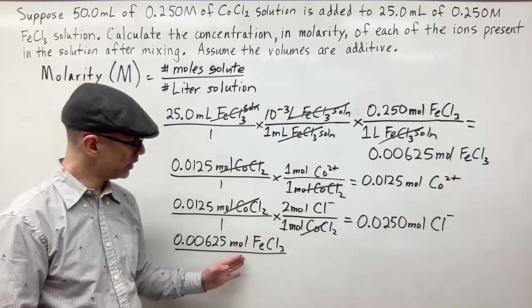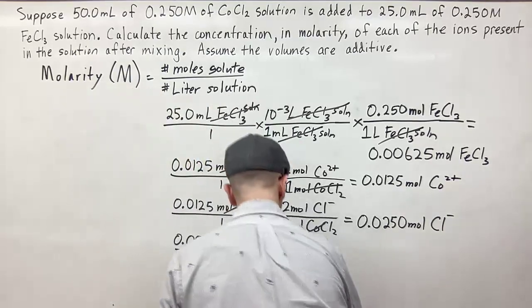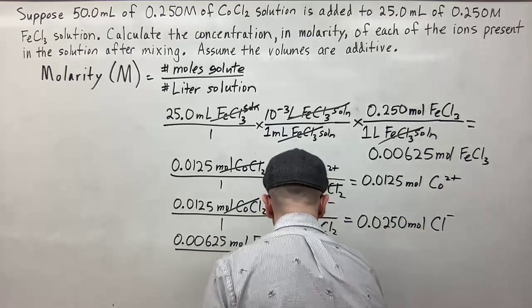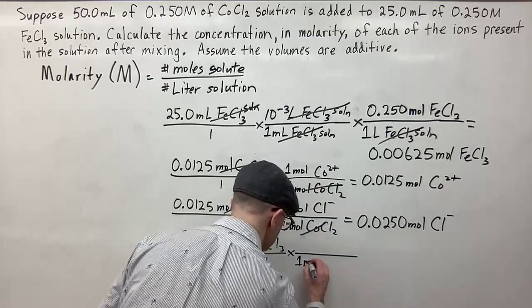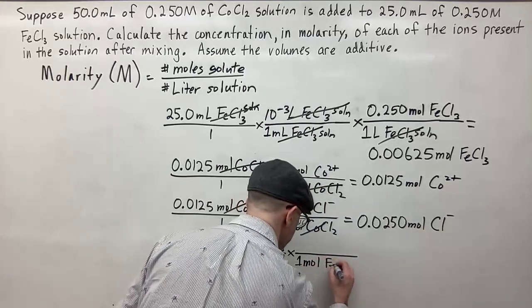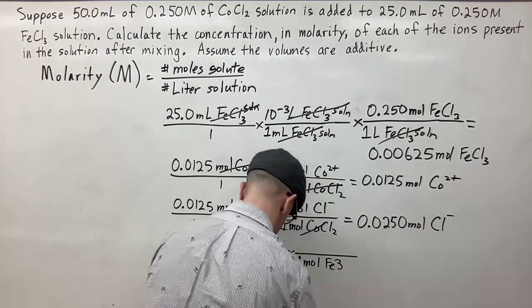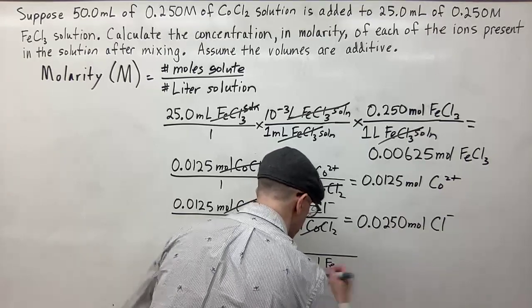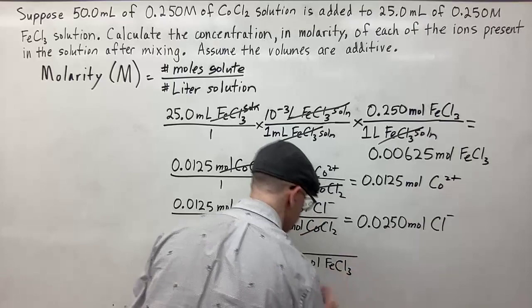So it's a 1-to-1 ratio. So we'll set that up. So I have 1 mole of iron 3 chloride on the bottom.